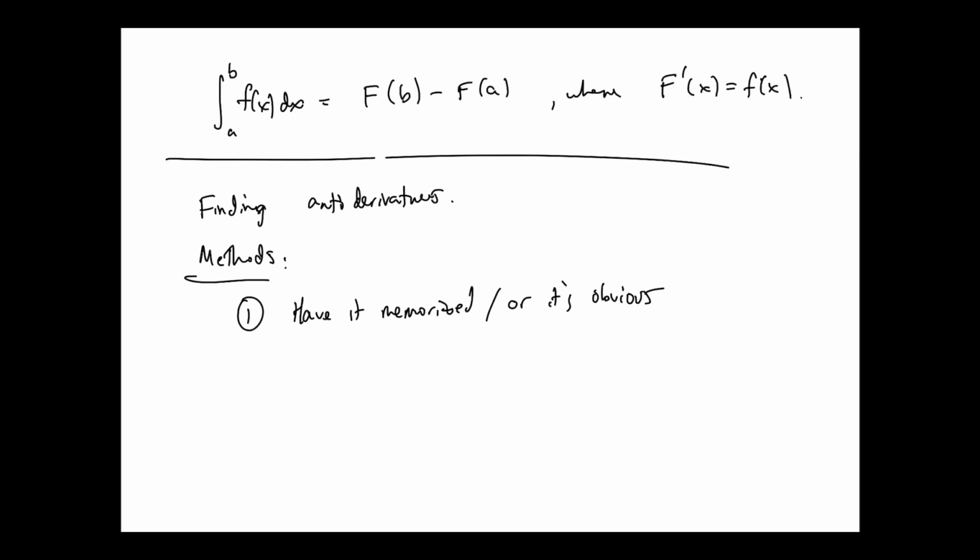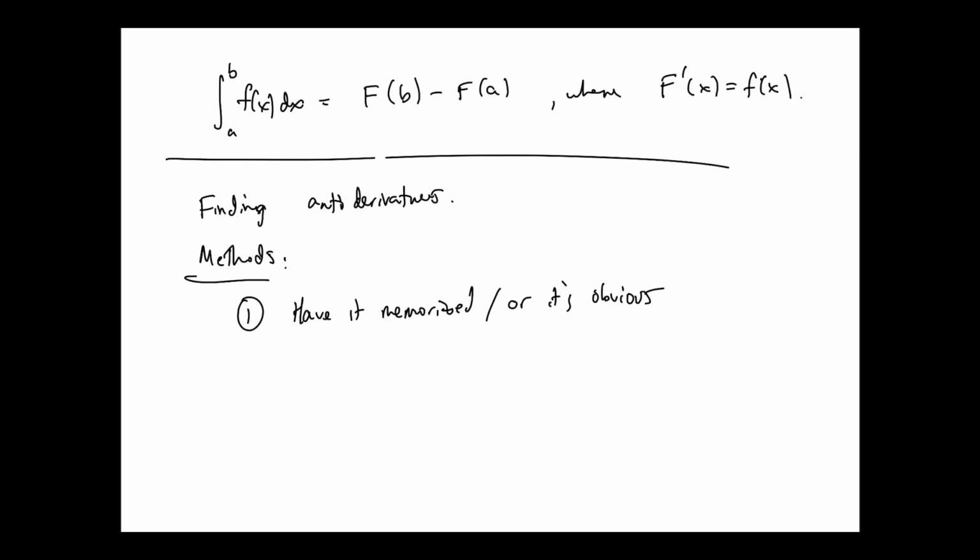If it's obvious, it would be something like x cubed. What's the antiderivative of that? It's obvious in the sense that it's one of the very basic rules. Or it's something we memorized, like what's the antiderivative of cosine? Sine, because you know the derivative of sine is cosine. So basically, right now, that's the only trick that we have up our sleeve.